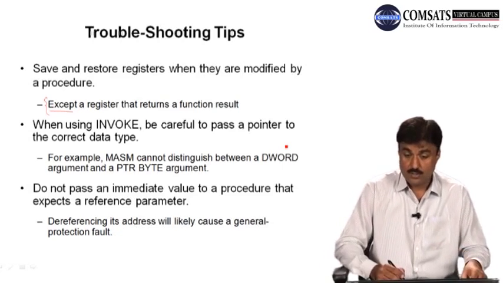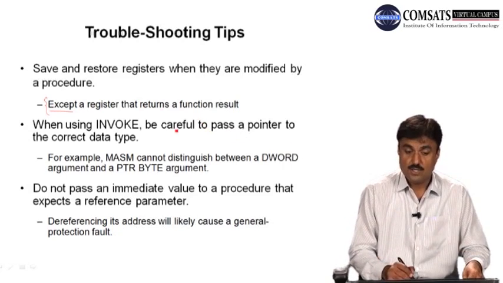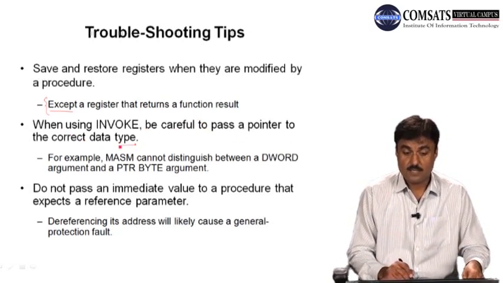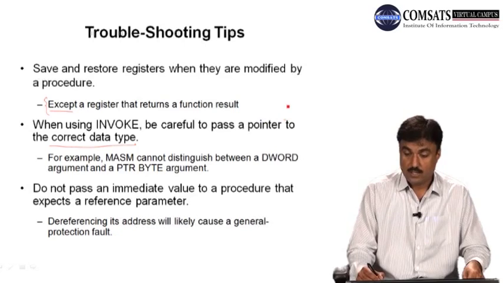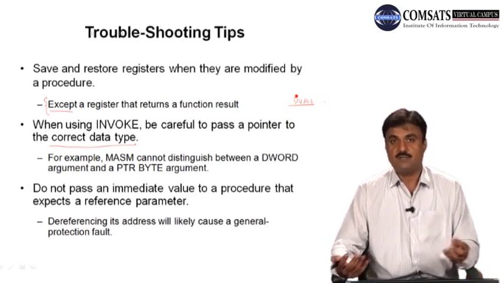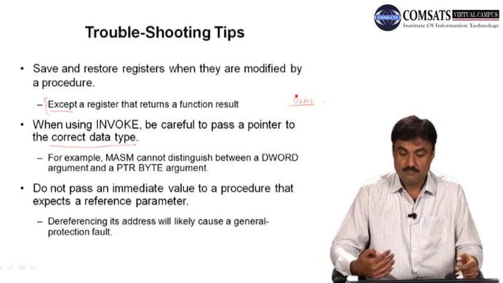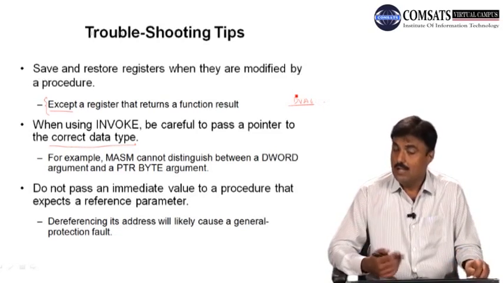When we are using invoke, be careful to pass a pointer to the correct data type. For example, in the procedure you are defining a double word, and then a word, and a byte. If you are passing the wrong data type or wrong pointers, then what will happen?